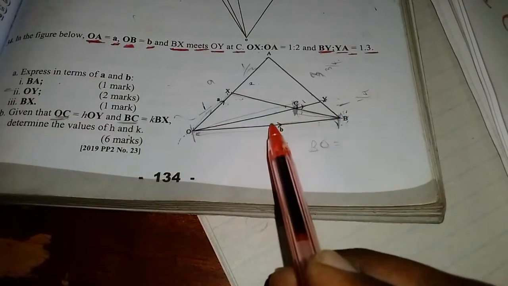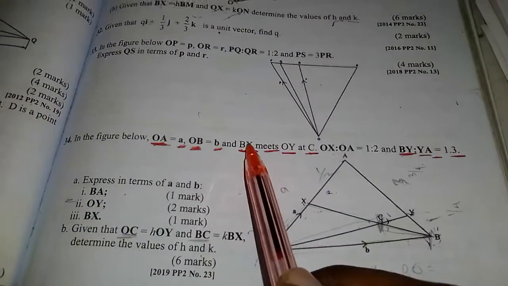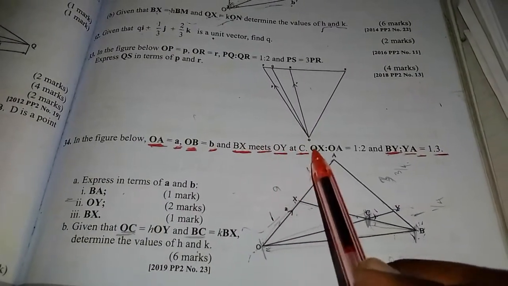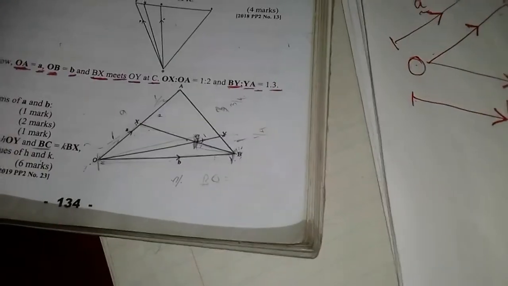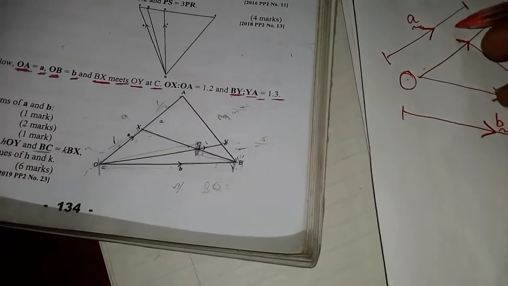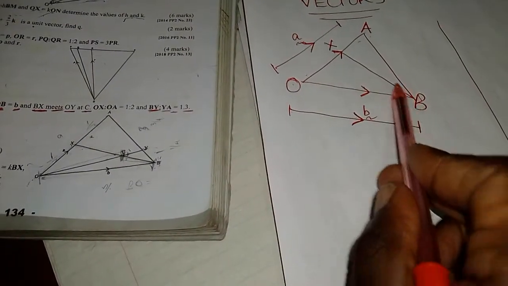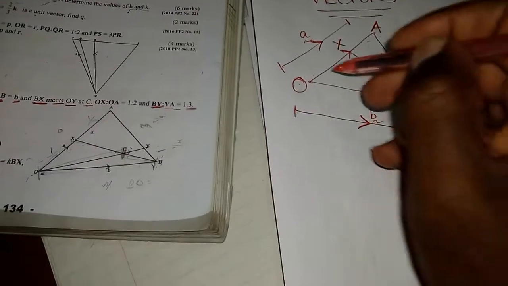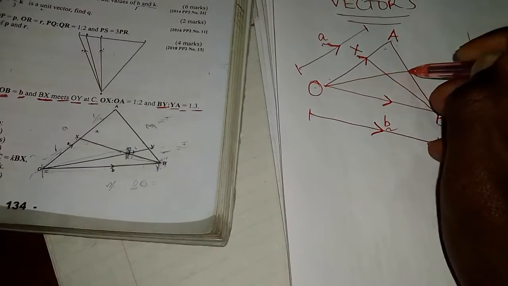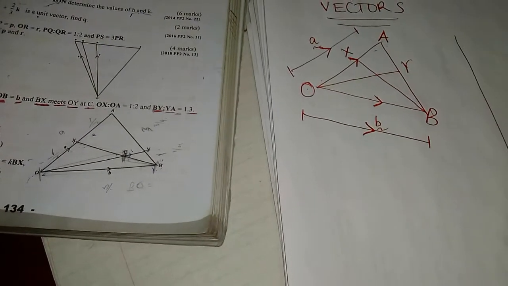OB is B. Then they're telling us that BX meets OY at C. Let me draw first BX. So that means B has to go to this point, so I can put here X. This is BX, then OY. Good.